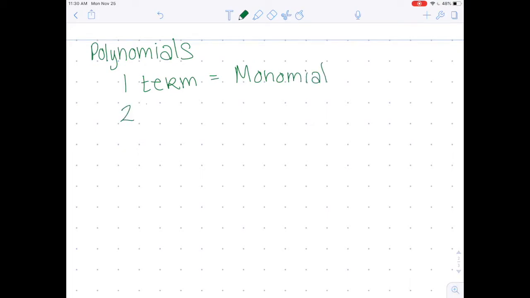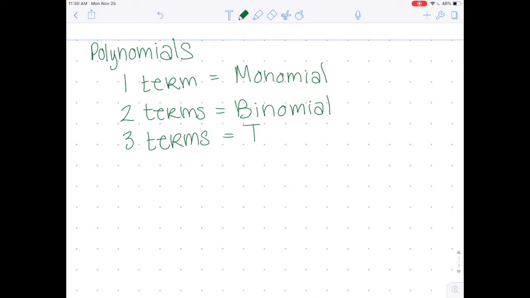If it has two terms, it is called a binomial, because bi means two, like bicycle has two wheels, binomial has two terms. Three terms is called a trinomial, because tri means three. So those are the only four we are going to do.